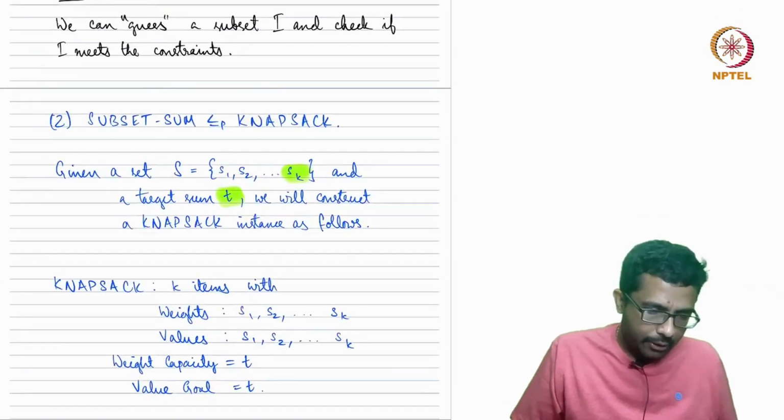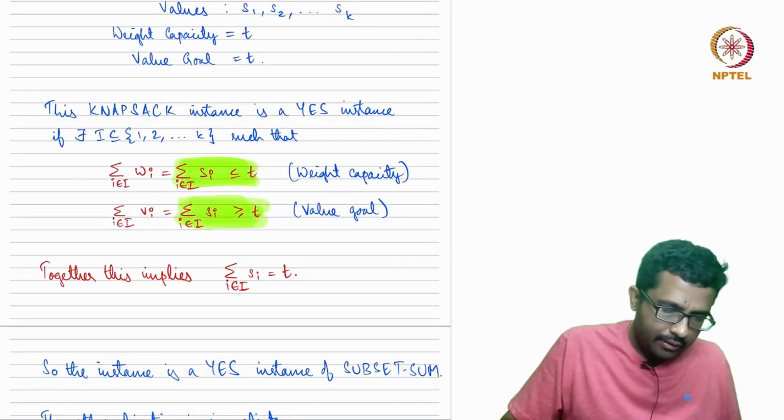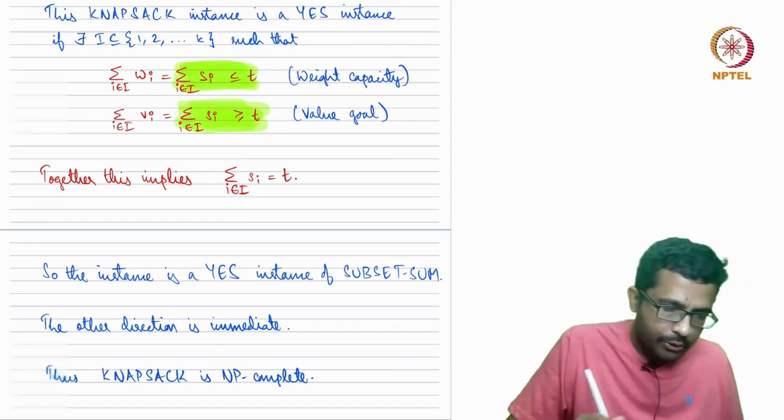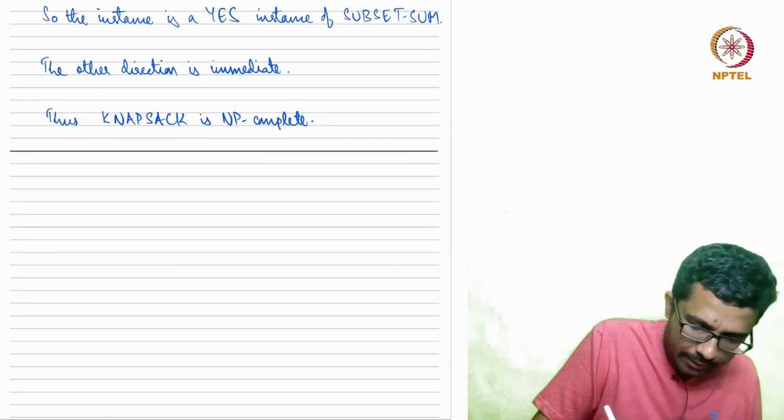Now one small thing I want to mention. There are two parts in showing NP completeness.